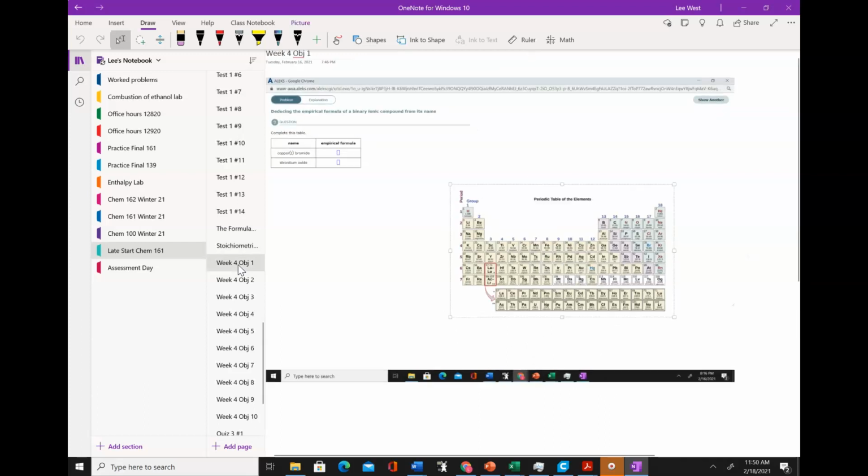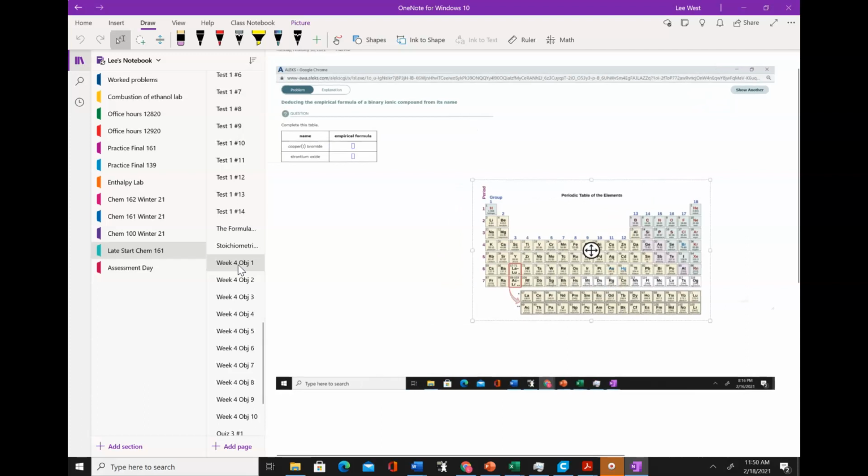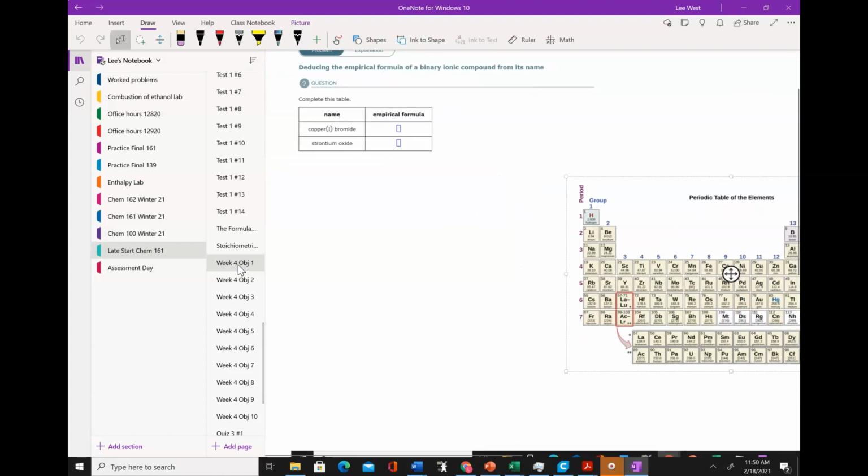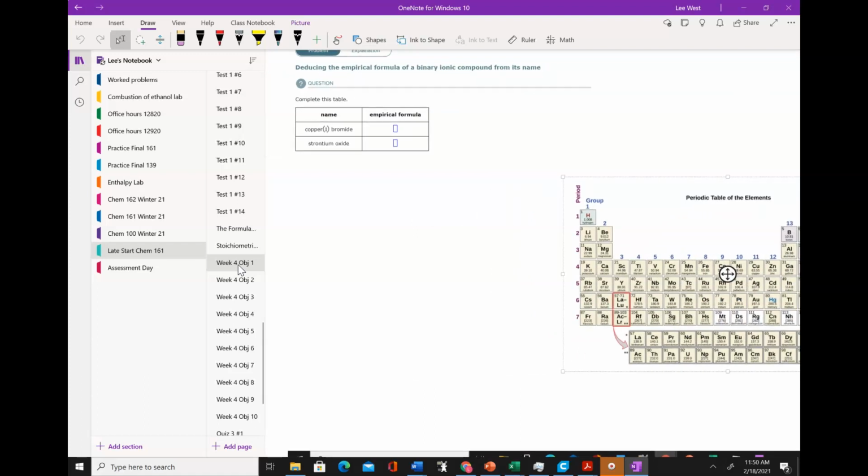Okay, so now we're going to look at some of the ALEKS objectives for this week. So this first problem here is all about determining the empirical formula of an ionic compound from the name. So you're going to get the name of your cation first, followed by the name of your anion. And I know that there are two types of ions, right?